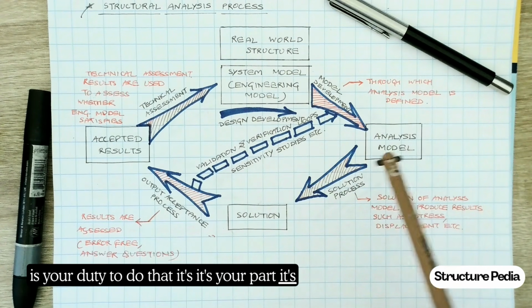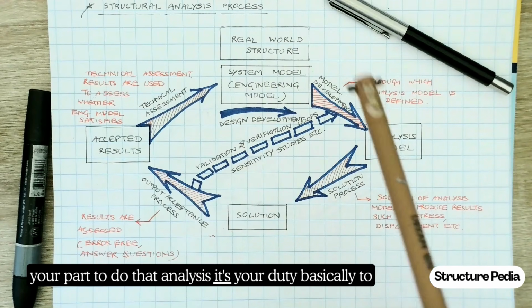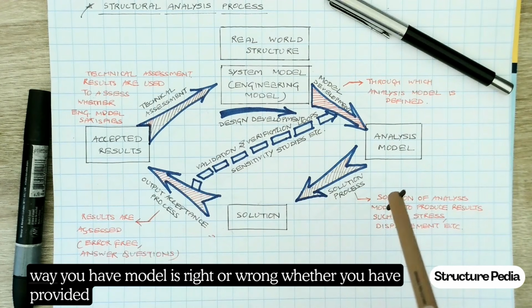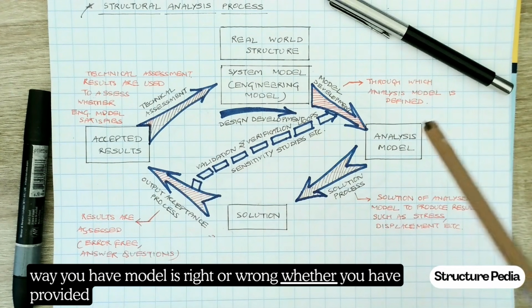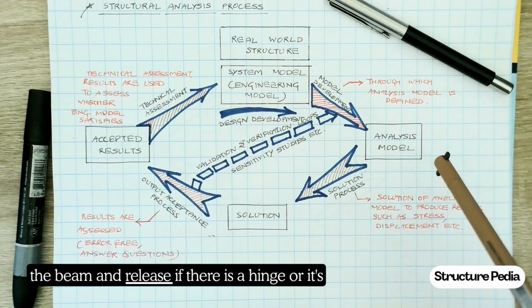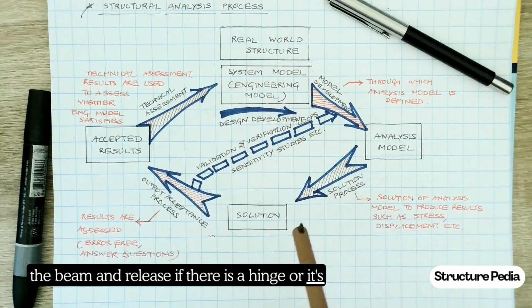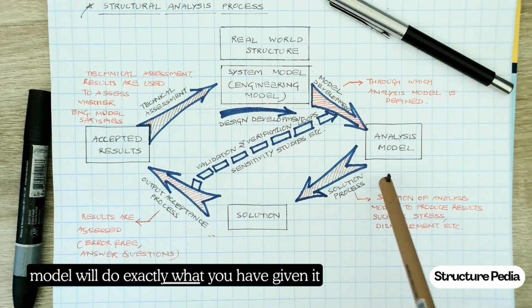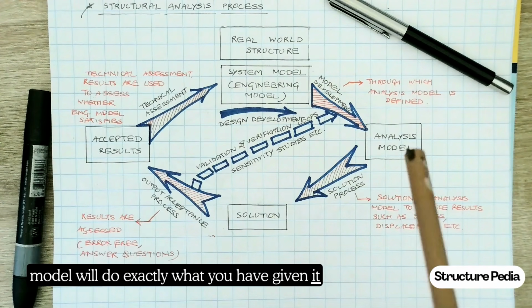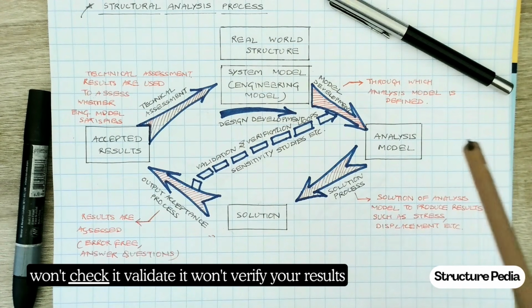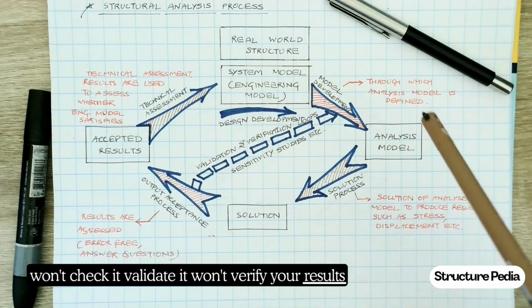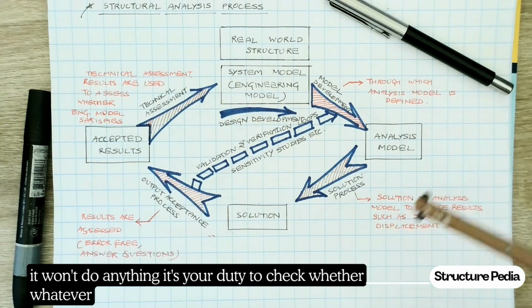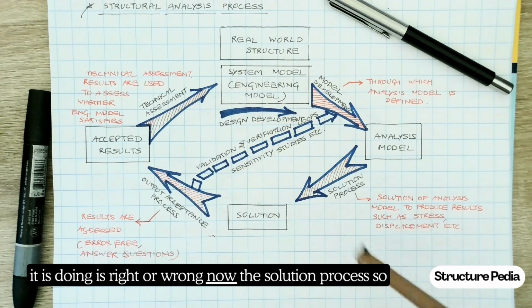It's your duty basically to check whether the way you have modeled is right or wrong, whether you have provided the beam end release if there is a hinge. The model will do exactly what you have given. It won't validate, it won't verify your results, it won't do anything. It's your duty to check whether whatever it is doing is right or wrong.